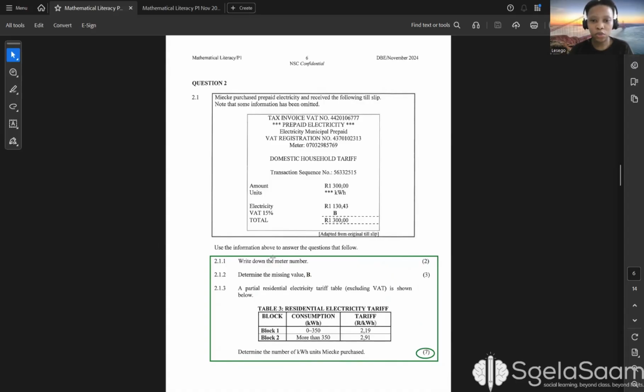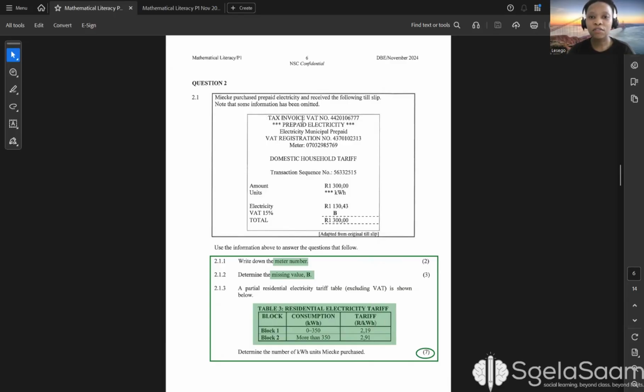Here we need to get the meter number. Here we're looking for the missing value, which is B, and we're given the information for the electricity tariffs. So we're going to look at the till slip or the tax invoice. In any type of financial document, you must read each and every detail so that you don't miss anything.